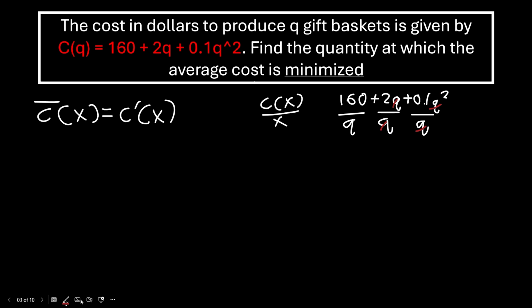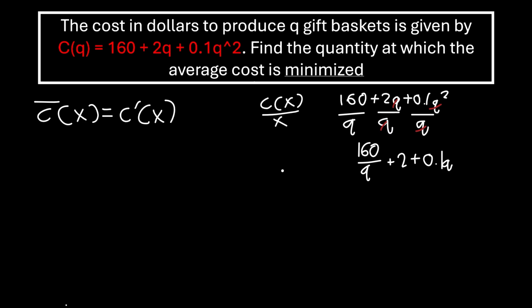We just removed an exponent, but the basic idea still applies. Cancels out our Q on top and bottom. What we should end up with is 160 over Q plus 2 plus 0.1Q. And that is our average cost.